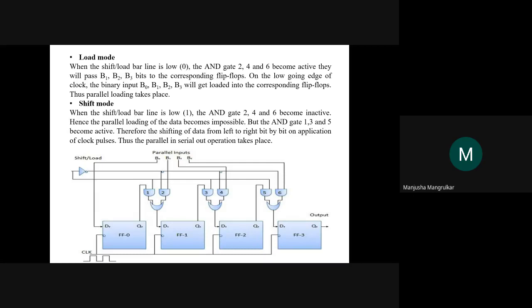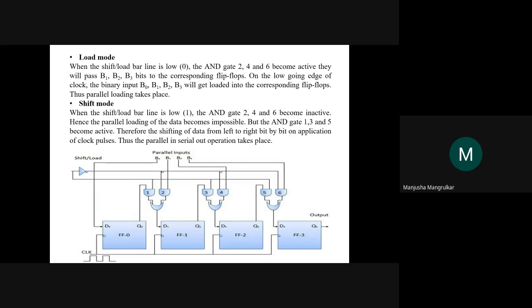So we'll see that first. This is the data B3, B2, B1, B0, right? This is the parallel data in, and this is the shift out. Now here there is one bit, that is shift/load bar, right? We will see the load mode first.